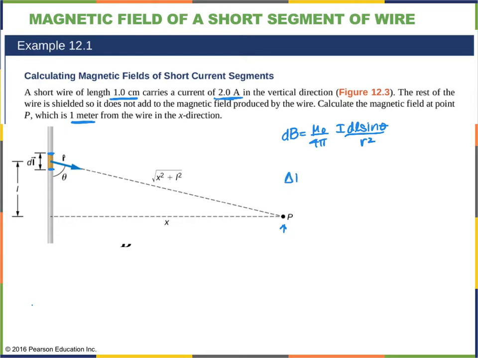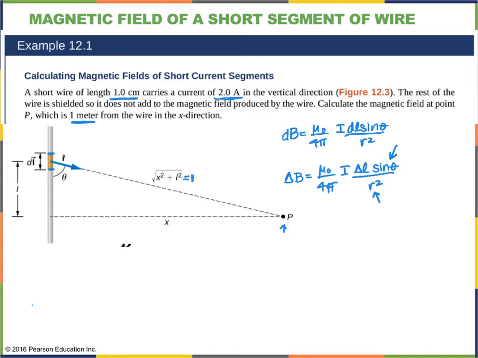We're going to call it delta B, and then we'll call dL delta L. Now, we can start putting in values, but first of all, I wanted to write expressions for the sine of theta and r squared as they would apply to this particular problem.